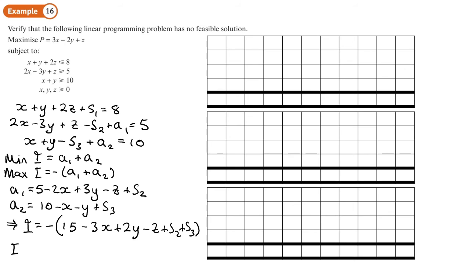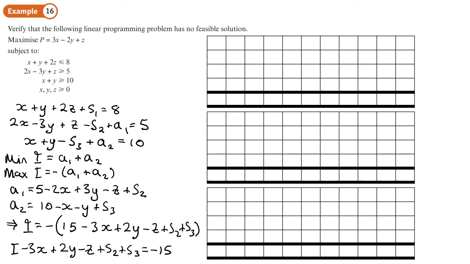So it's all equal to 0, or equal to a value as an equation. So it'll be I minus 3x plus 2y minus z plus s2 and s3 is equal to negative 15.